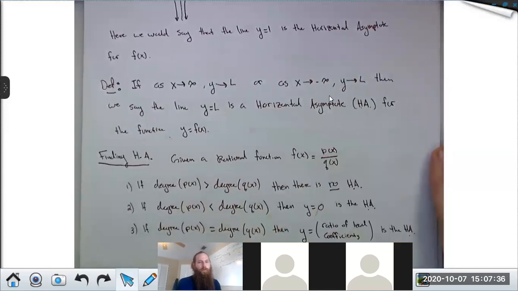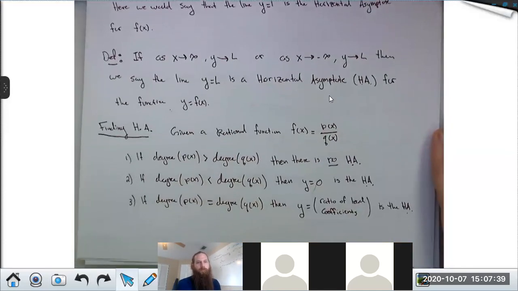I'll show you an example here, but first just write it down. Okay, I think the first two cases are pretty self-explanatory. But that third case, I want to look at an example there. And I kind of want to show you why it's true.